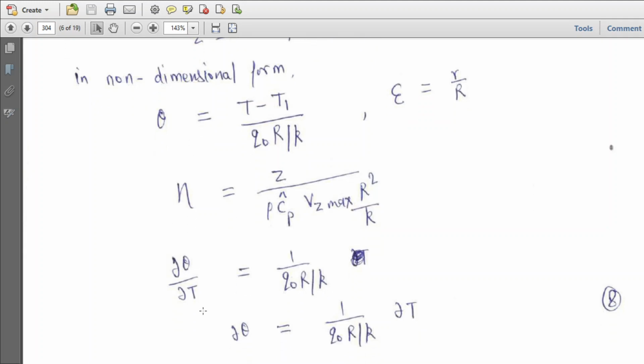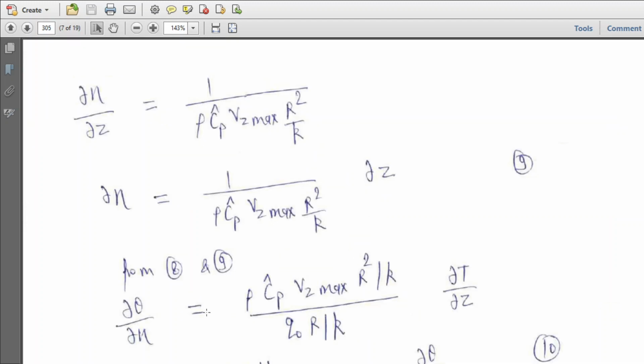Del theta upon del T is Q naught R upon K inverse, and del eta upon del Z would be equal to rho Cp Vz max R square upon K. So you will get the expression for del eta.